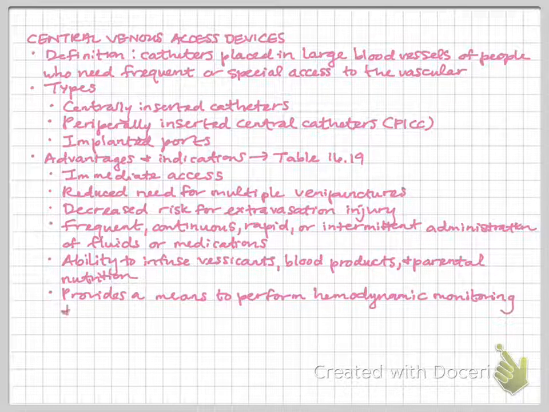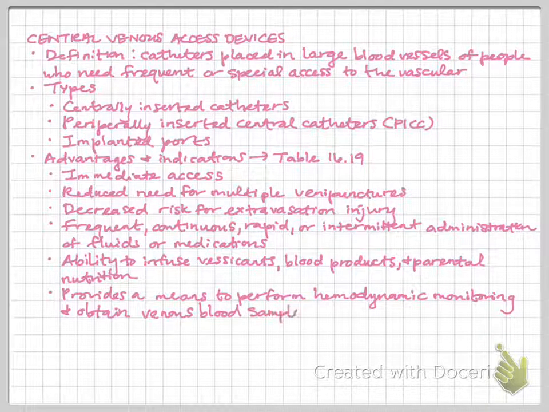And you can also obtain venous blood samples. Now, keep in mind, if you have a patient with a central line on your floor in the hospital, phlebotomy is not permitted to draw blood from a PICC line because that's under an RN scope of practice, so you'll have to draw those samples.